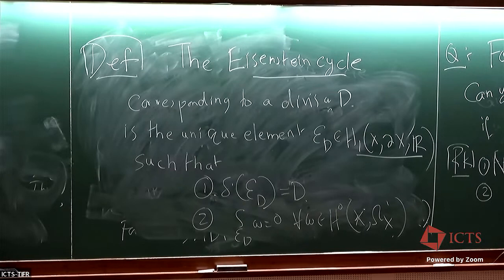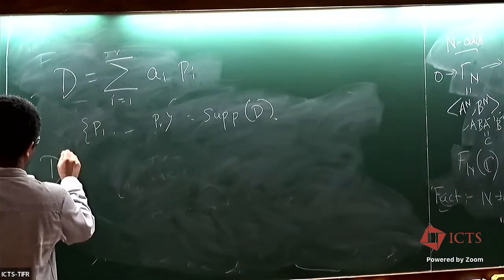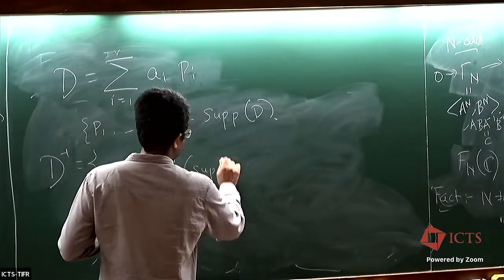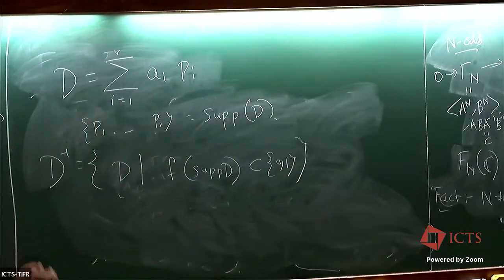If gamma 2 is generated by these two elements A and B, start with any divisor D. I call R the support of D. The support of D is contained in the cusps, these are the Belyi maps.